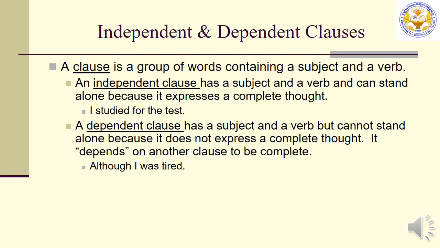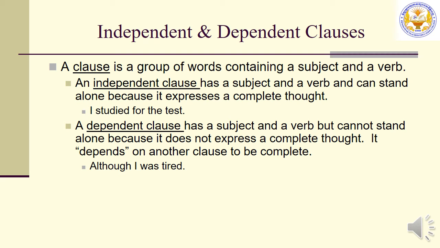But a dependent clause also has a subject and a verb, but it cannot stand alone as a sentence because it does not have a complete thought or a complete idea. For example, "Although I was tired": you cannot understand this even though it has a subject and a verb.